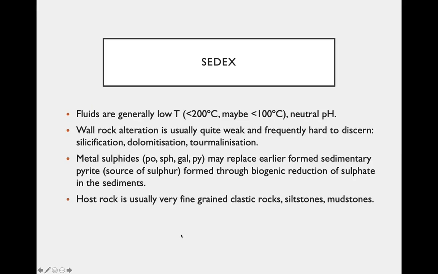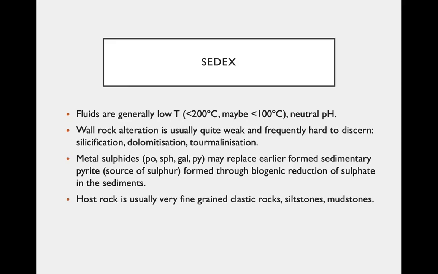So the fluids, as mentioned, are generally low temperature, certainly less than 200 degrees, neutral pH. The alteration is usually quite weak because of low temperatures, but it involves a bit of silicification, dolomitization, and maybe some tourmalinization. The metal sulfides, things like pyrrhotite, sphalerite, galena, pyrite, may replace early formed sedimentary pyrite as the primary source of sulfur, formed through biogenic reduction of sulfate sediments.